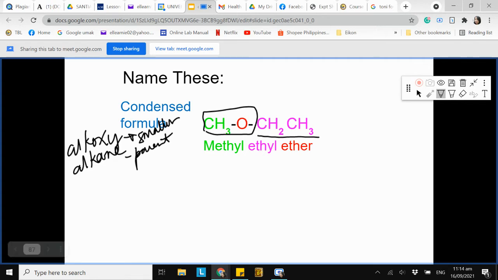Okay, so ang formula ng IUPAC is alkoxyalkane. Yung alkoxy, yun yung smaller chain. Yung alkane, yun yung parent or yung longer chain. So here, you have the compound methyl ethyl ether.